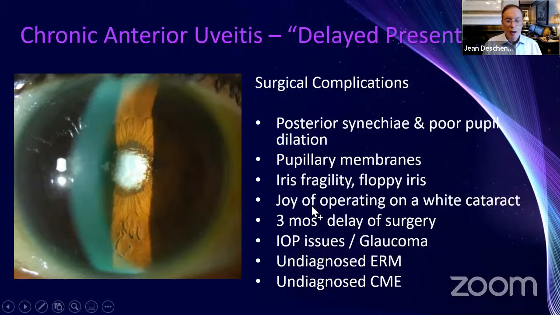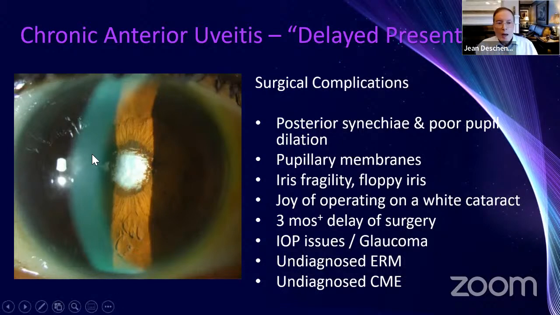We also have to delay surgery 3 months when there is active uveitis. Rarely should we do surgery within 3 months. There must be very rare cases, like if the patient also has a lens-induced uveitis, then it might be appropriate. There's, of course, the intraocular pressure issue and glaucoma.